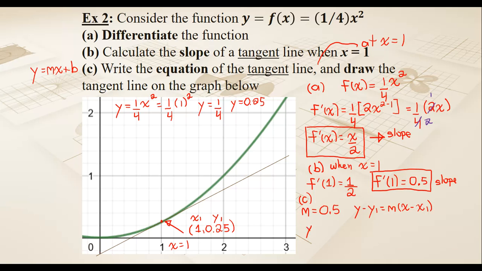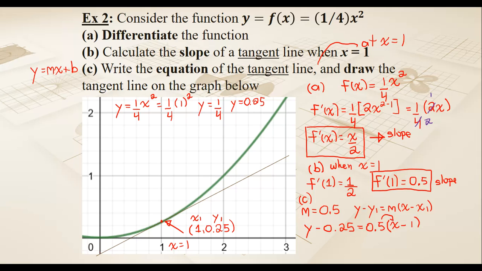So y minus, well, y1 is 0.25, is equal to m, which is 0.5, times x minus x1, which is 1.